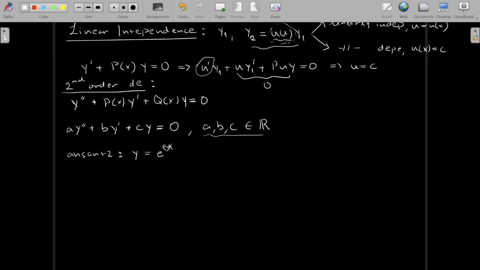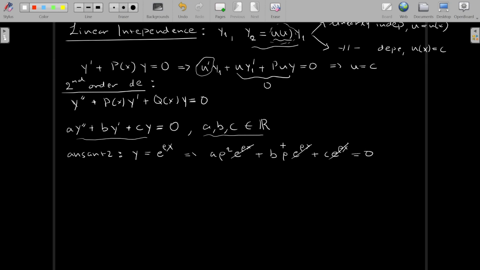And you only get that the r term is going to be lowered down and you'll have to just solve a quadratic equation. So to see that in action, let's say you have this equation. This is going to be a r squared e to the rx plus b r e to the rx plus c e to the rx, equals 0.